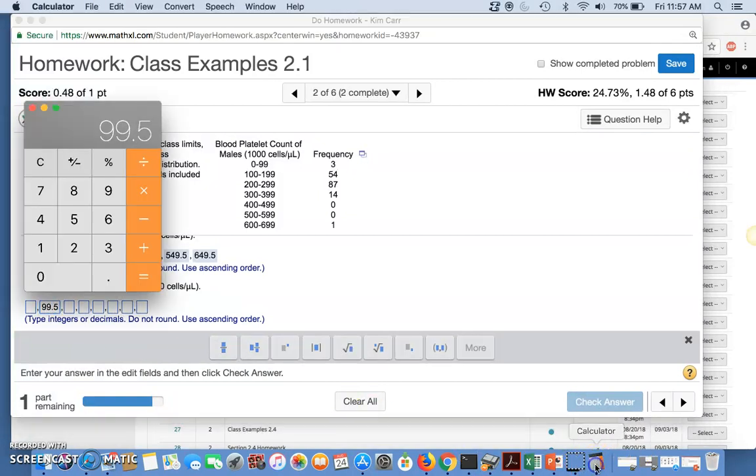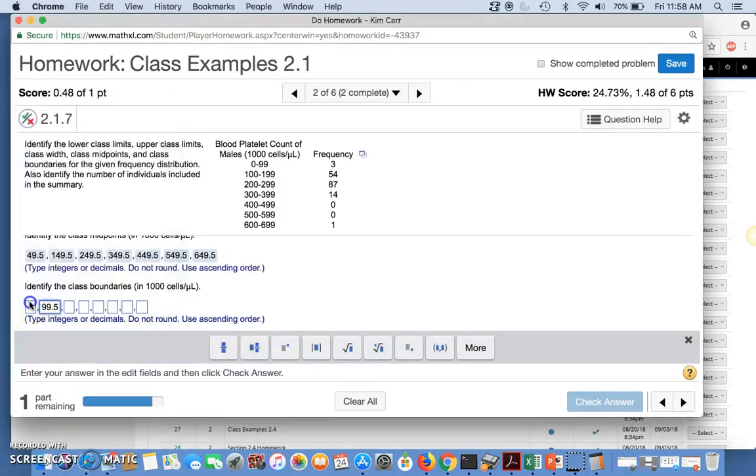Okay, since our class width is 100, if we take this one and subtract 100, what do we get? We get negative 0.5. So when I add 100, I'm at 99.5.